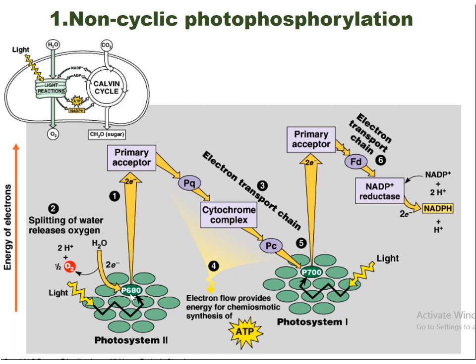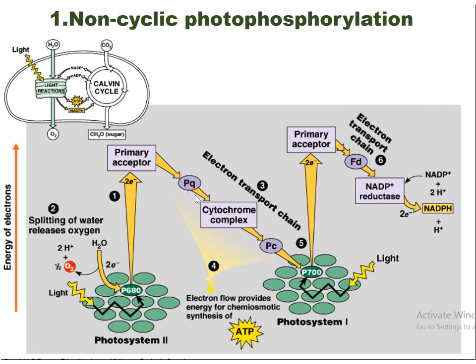Okay, and then these expelled two electrons jump to the higher energy level of the electron transfer system and are received by the compound pheophytin, and this is a primary electron acceptor, and then it transfers these two electrons to plastoquinone of the electron transport system.